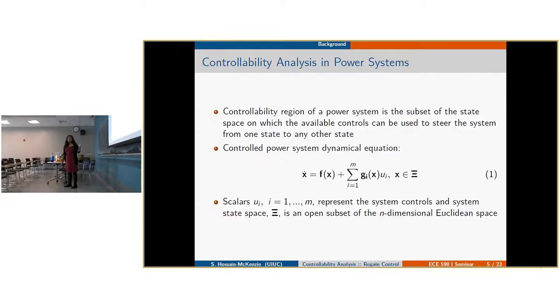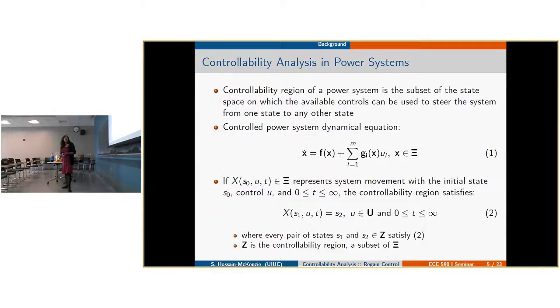Those scalars u_i represent the system controls, and the system state space, xi, is an open subset of the n-dimensional Euclidean space. Then x of S0, u, t, where S0 is the initial state, represents the system movement, where u is the control and t is our time, 0 to infinity.